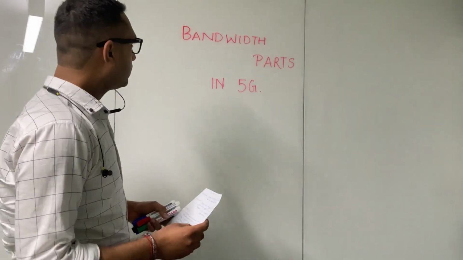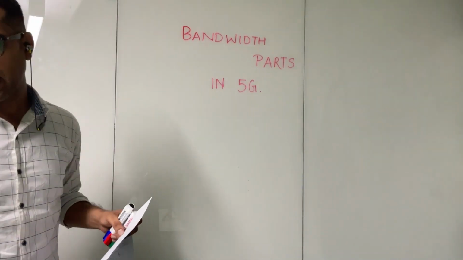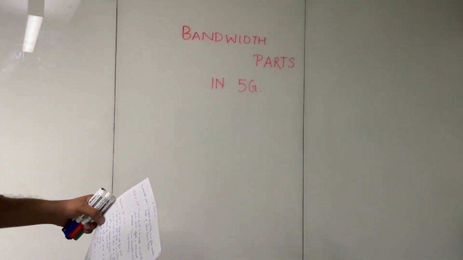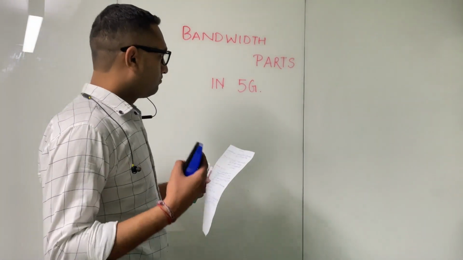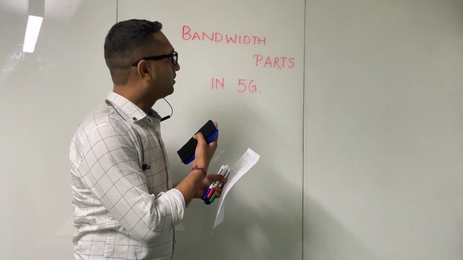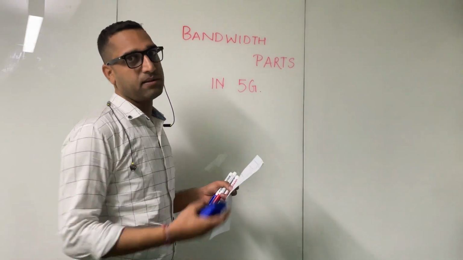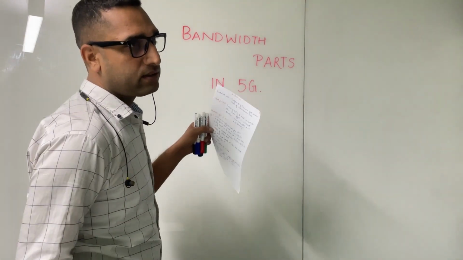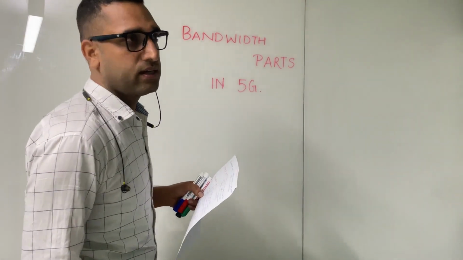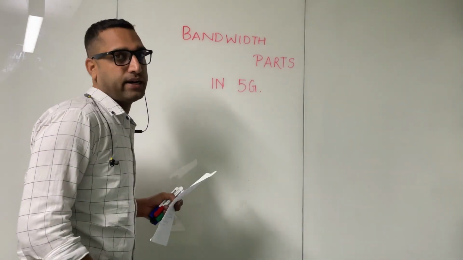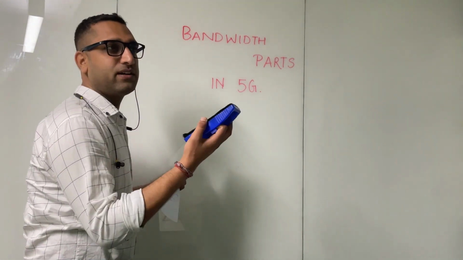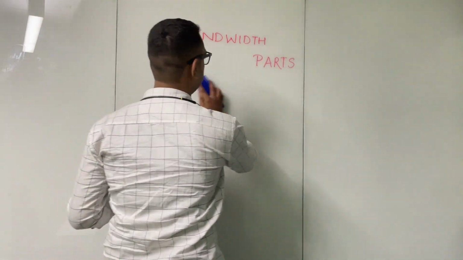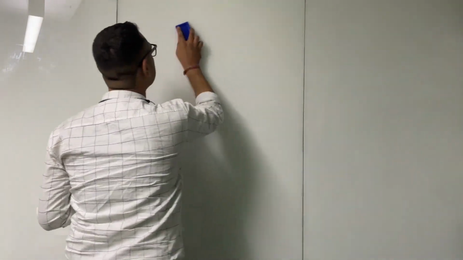So bandwidth parts, as the name suggests, segment the bandwidth. The whole bandwidth is divided into parts. The question is now why and how. Simple.